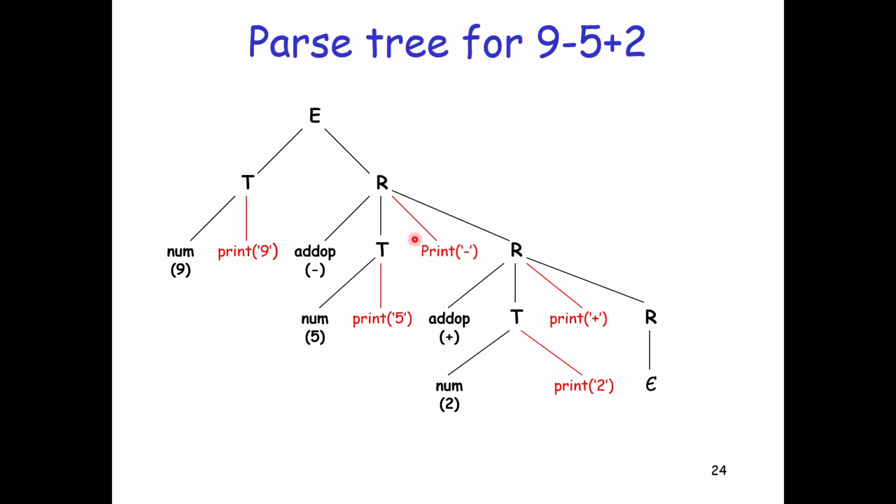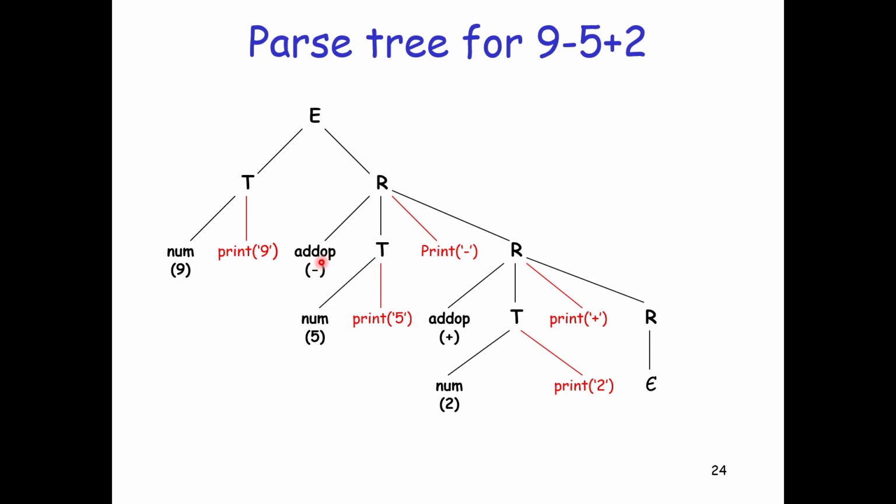You perform a depth-first traversal. Start at the root node, then move towards the leftmost child, that is 9. Print 9, so the 9 will get printed. This semantic rule gets evaluated here. Then you move towards this node's leftmost child, that is minus.